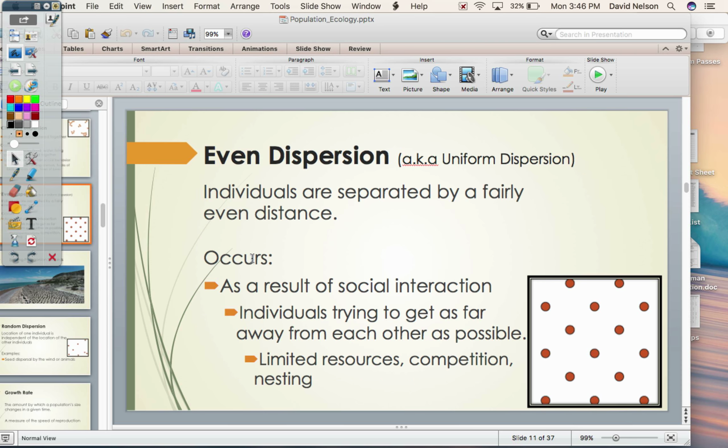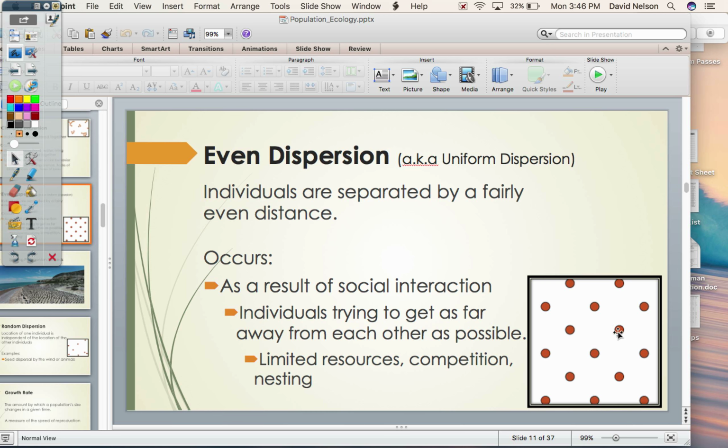Our next one, we have even dispersion, also called uniform dispersion, where individuals are separated by pretty much an even distance. This is normally a result of an antisocial interaction. Each individual wants to be as far apart from one another as they possibly can.